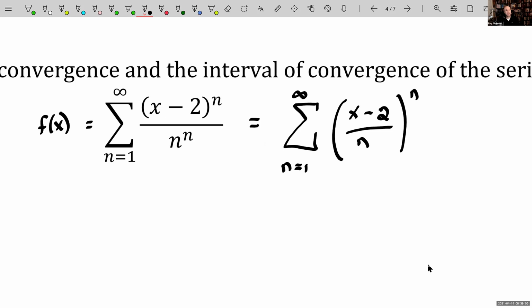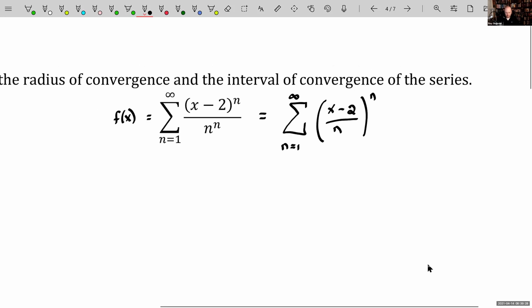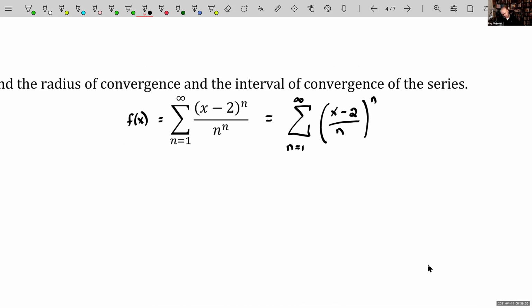I'm pretty happy with that because while it's technically not a geometric series because this n is not a constant, nor is x, I can at least say that we require that (x minus 2) over n be less than 1, right? So that's not really going to be helpful here. So maybe I should just do the root test so that we can move forward with this. So let's go ahead and do the root test rather than confuse you with that.